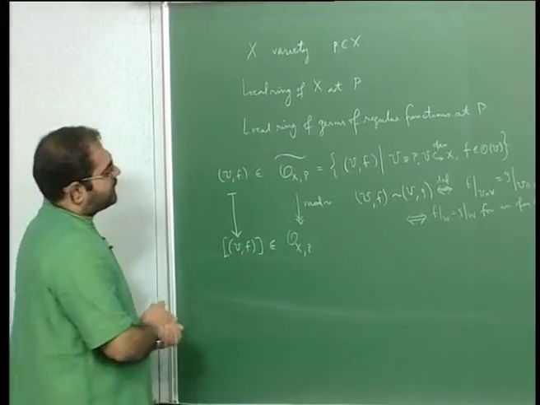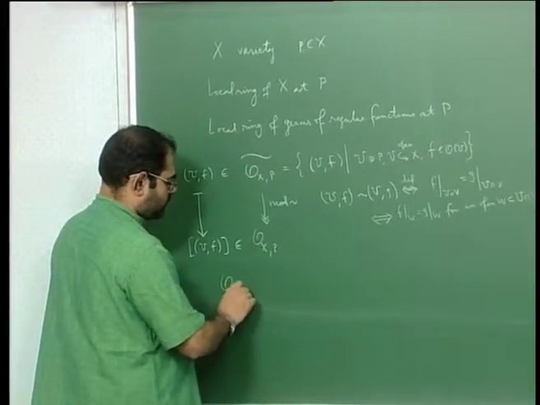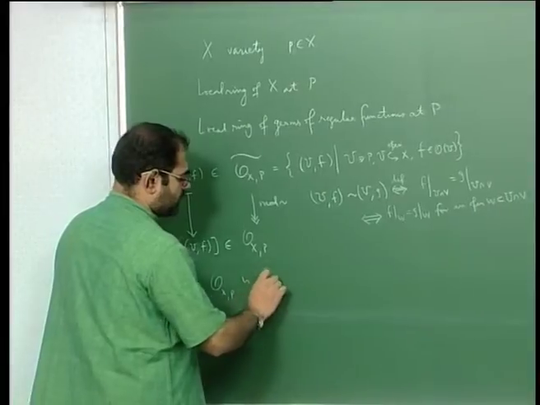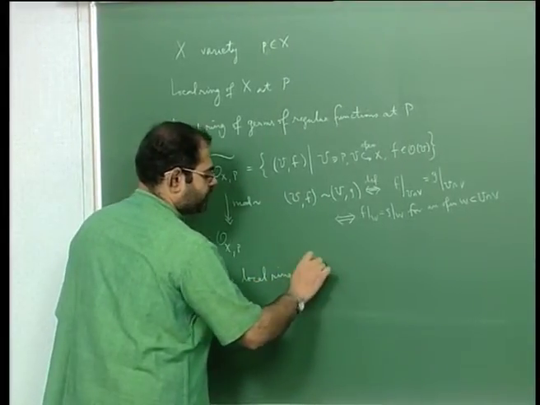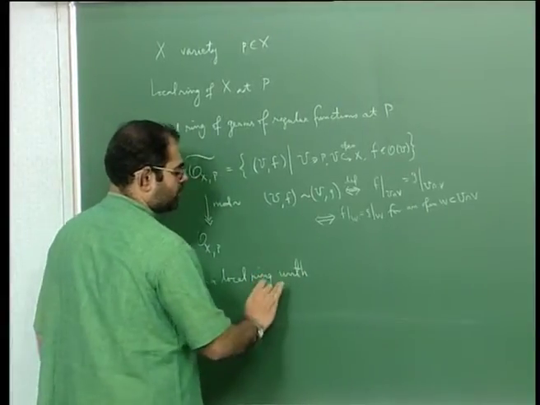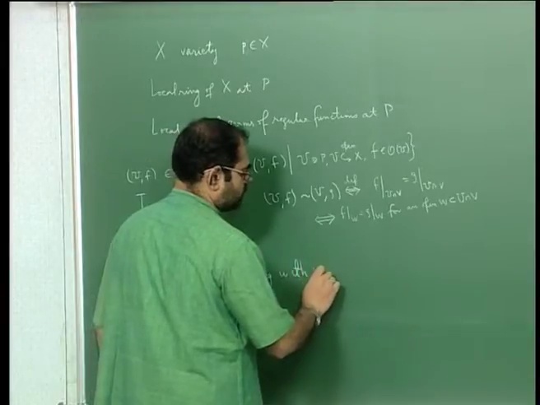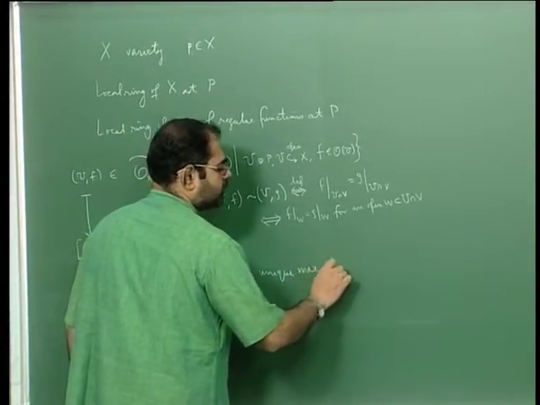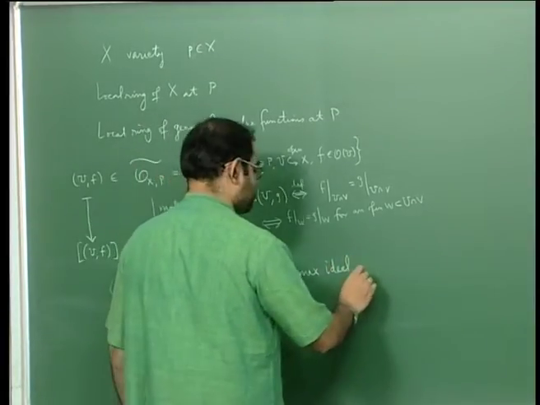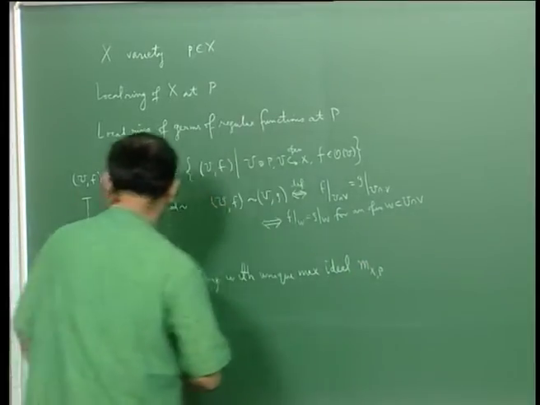And I told you that O_X,P is a local ring with unique maximal ideal M_X,P. And what is the maximal ideal?